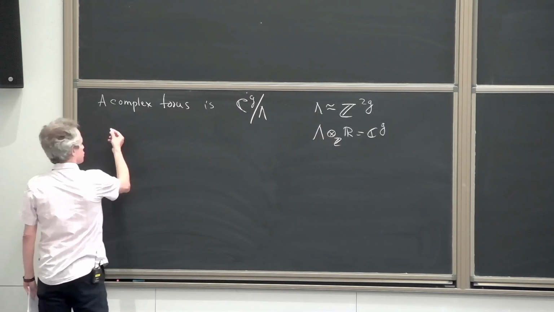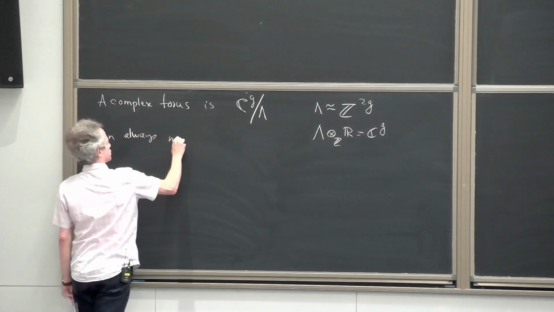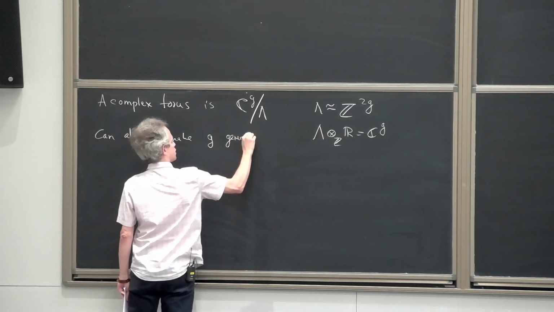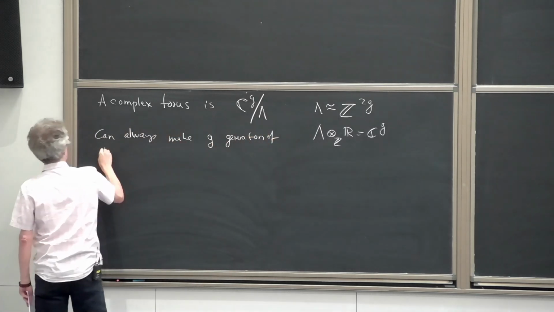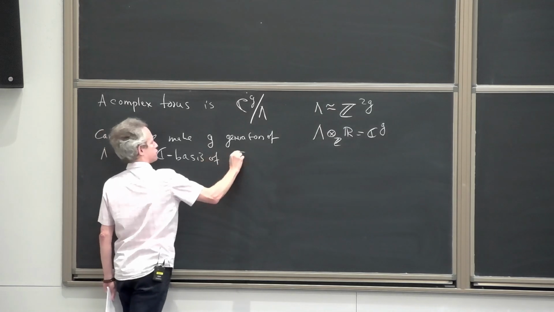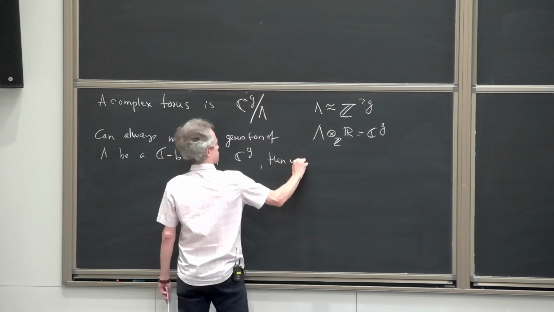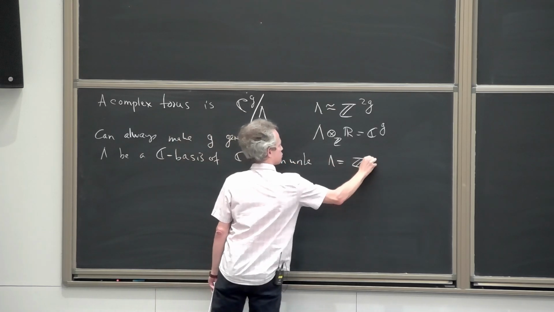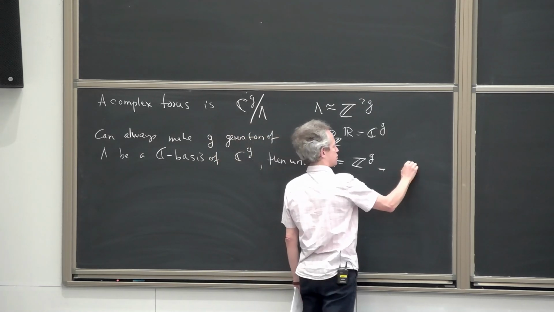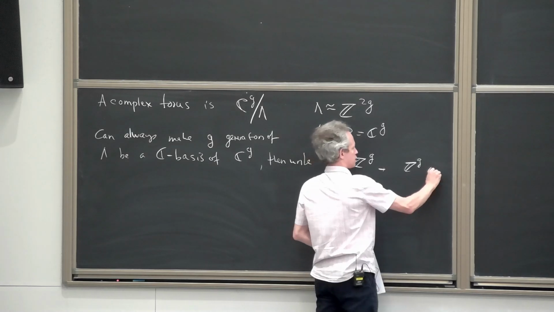Okay? You can always choose a basis, you can always make g generators of the lattice be a basis, a complex basis of C^g, and then write the lattice as Z^g, because this is a sublattice generated by the first g generators, plus whatever the other g generators generate, and they generate a copy of Z^g times some tau, right?